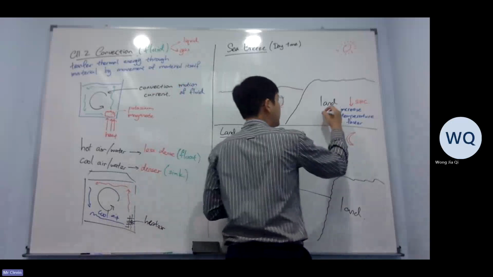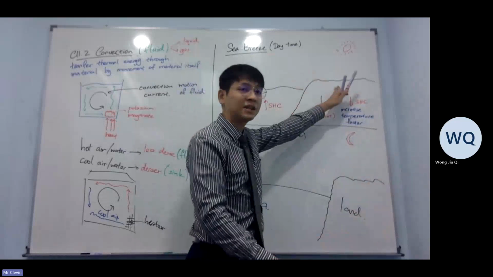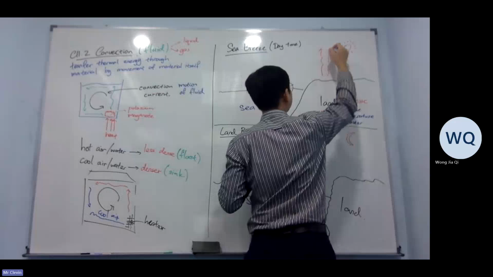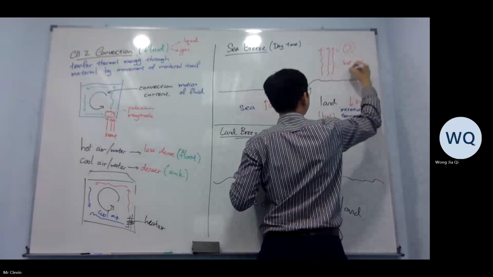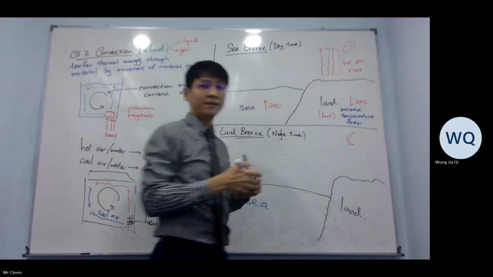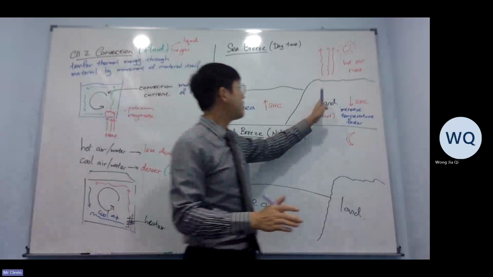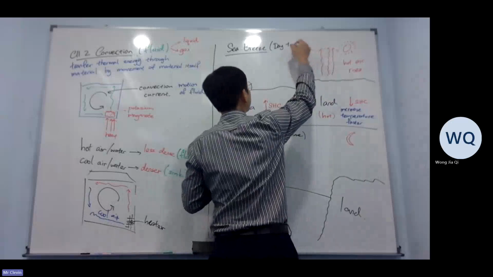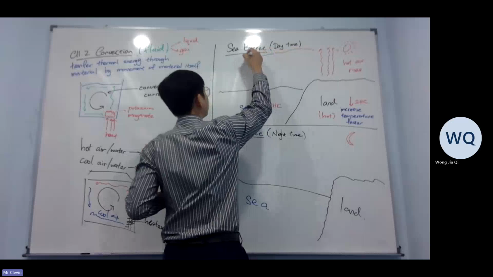So whenever it is hotter, what will happen is that on this side, the land, hot air rises. You understand? Okay. When hot air rises from the land, it will move in this direction, and eventually it's cooled down.